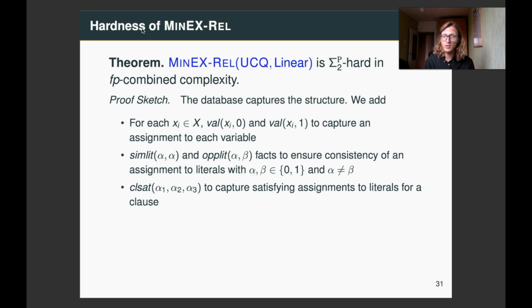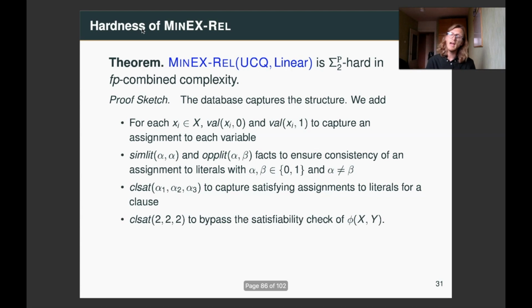Then we have clause-sat facts that capture satisfying assignments to literals. That is, we have 7 of these facts where at least one literal has to be positive. And then we have one extra fact which is used in the construction to bypass the satisfiability check. This actually will be our distinguished fact. We will see how it works.